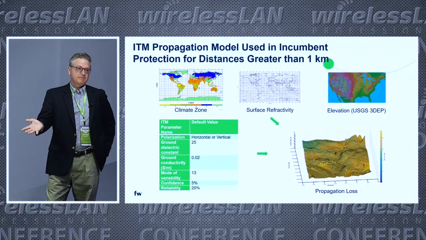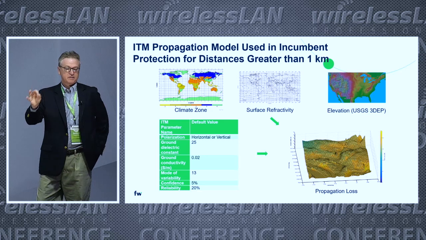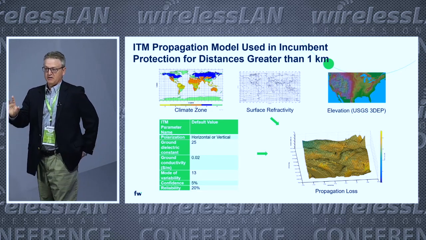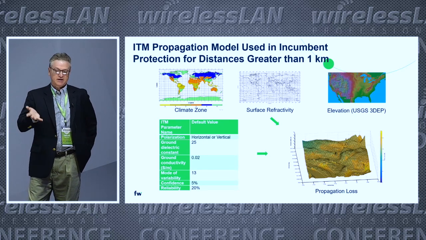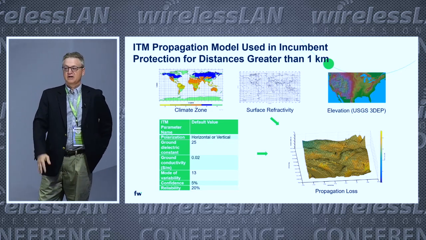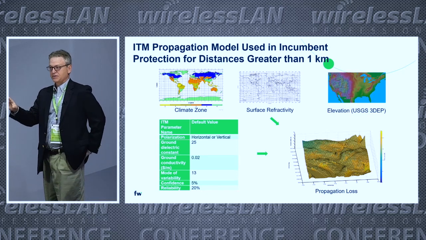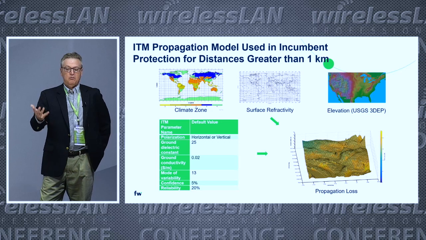Though the FCC basically left it to industry to work out the parameters that would be used with the irregular terrain model. So what ended up getting worked out was we'll use some models for climate zone and surface refractivity from the ITU. We'll take elevation data with 1 arcsecond resolution and some parameters that were worked out within the standards bodies.